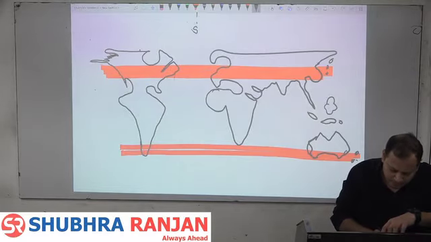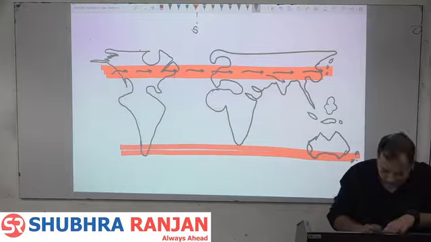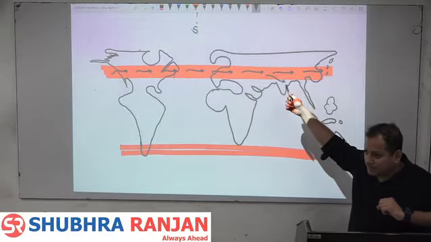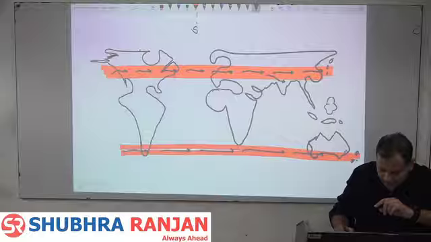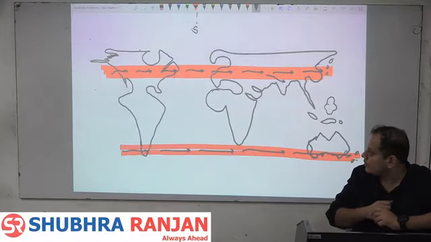And then draw the lines like this. Look, here there is the Himalayas. So what is happening? There is a bifurcation. So what are these lines?